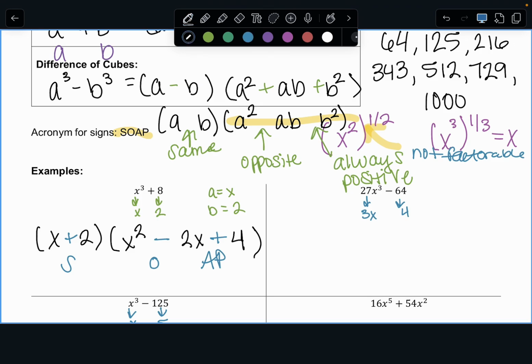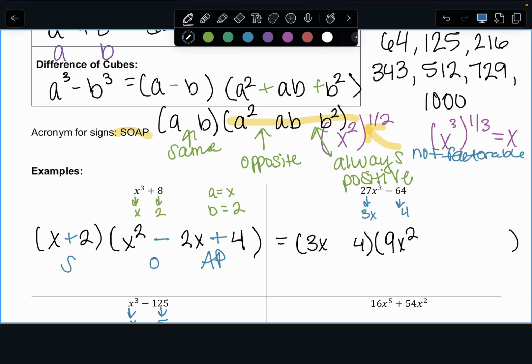So I stick the 3x and the 4 in, and here's where I have to be slightly careful. One of you will mess this up on a test, I promise you. When I square this, I'm squaring both pieces. So 3x squared is 3 squared and x squared, so it's 9x squared.